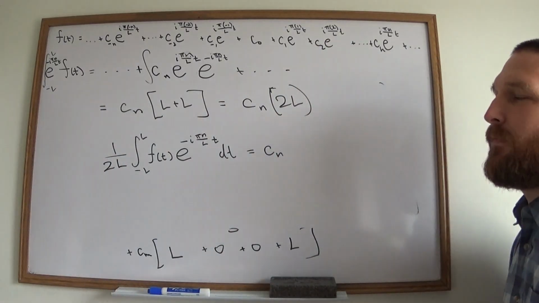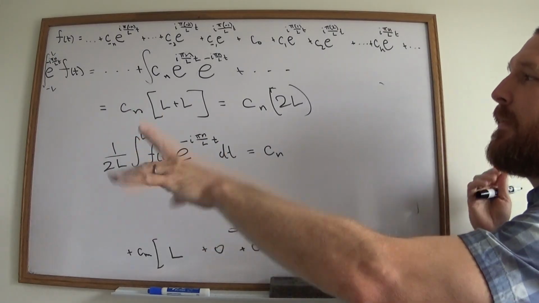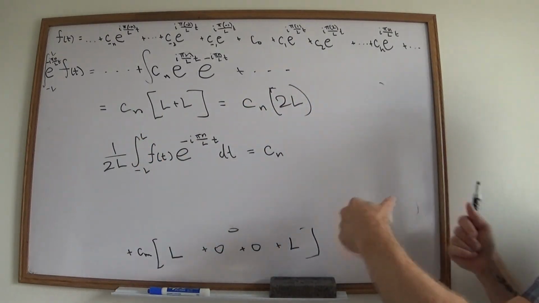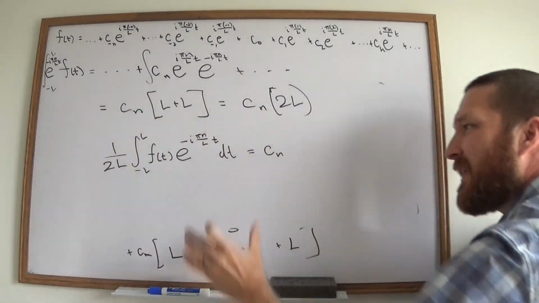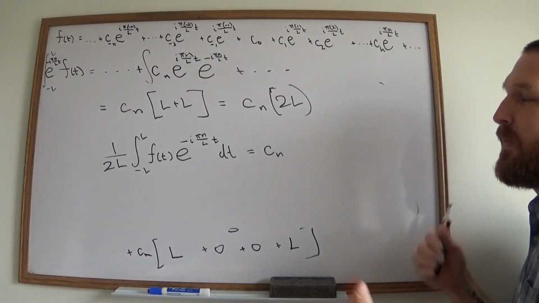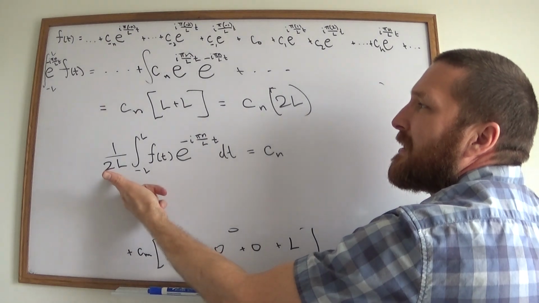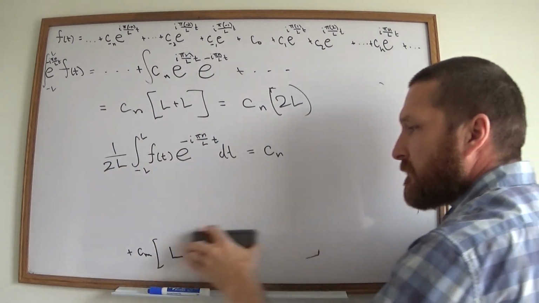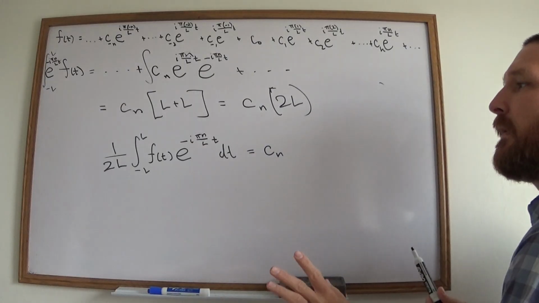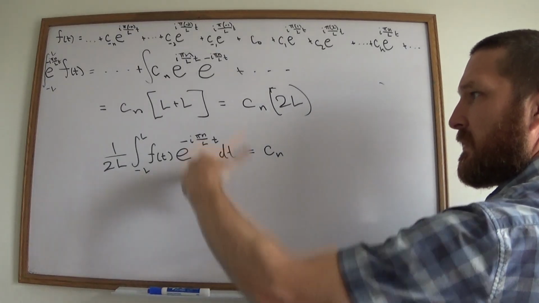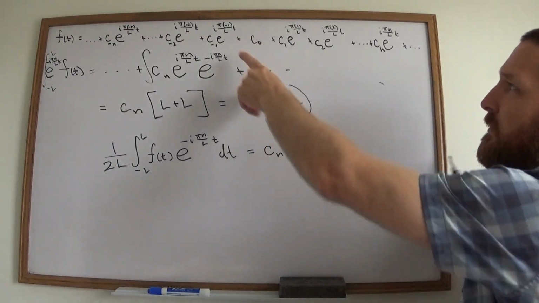Slightly different, right? We had the 1 over L in the case where you've split them up, right? But as we just saw when we derived this, they're not split up here, right? You get your part from the cosine and your part from the sine, and so you end up with 2 times as much, and that's why you need to divide off by that much, right? So, okay, nifty. Doing this to any function will give you the coefficient right here.